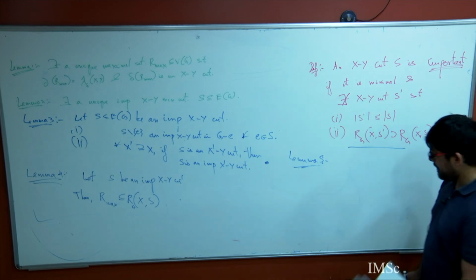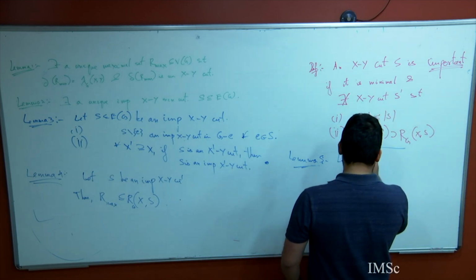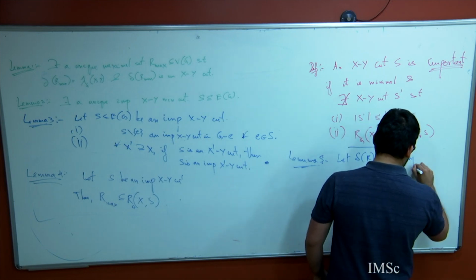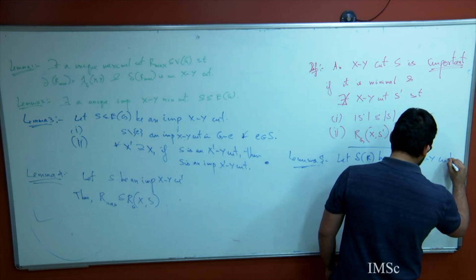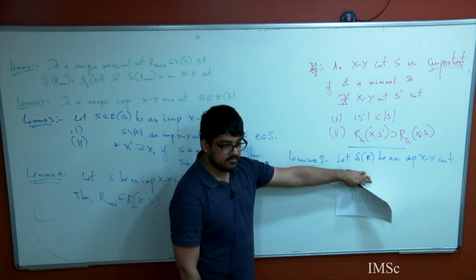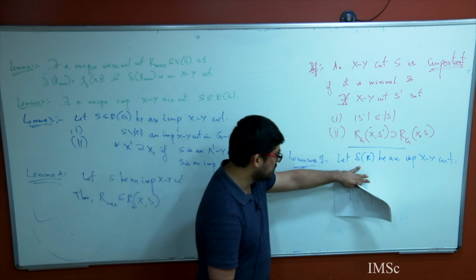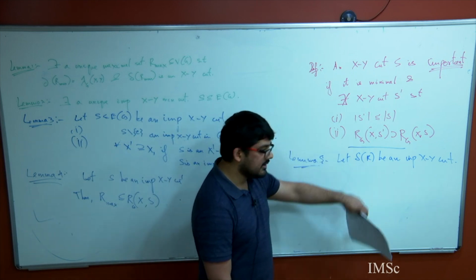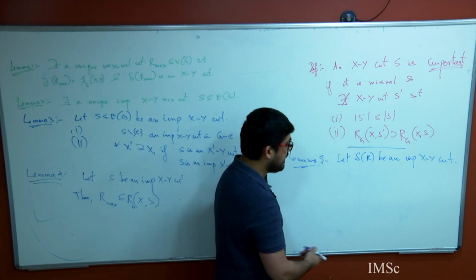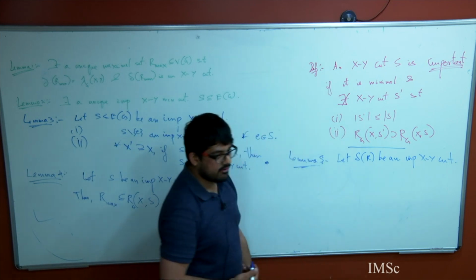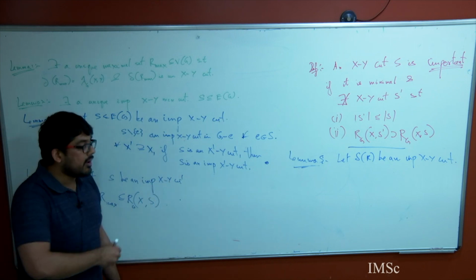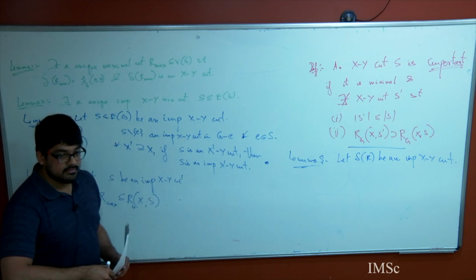Right, so let this be given. So notice that now I've switched from writing S, a subset of edges, to this. So R is the reachability region, and the corresponding cut that I'm talking about is delta of R. It's just a small switch in notation which makes it easier for me to write this specific lemma.